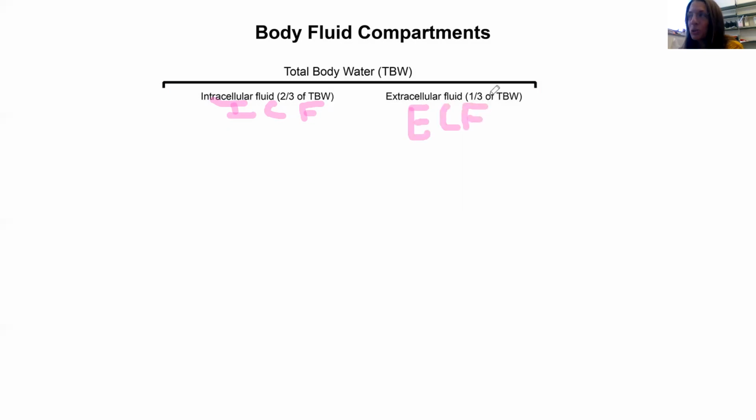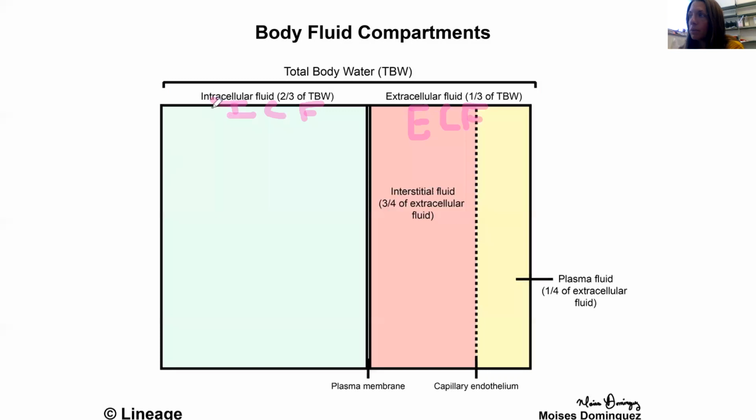So if we were going to show this image that breaks these things down, here we go. Intracellular fluid, that's just one giant compartment. Well, it's many, many, many separate compartments that add up to this much. Each individual cell, of course, has a plasma membrane that separates it from the outside of the cell, so the extracellular fluid.